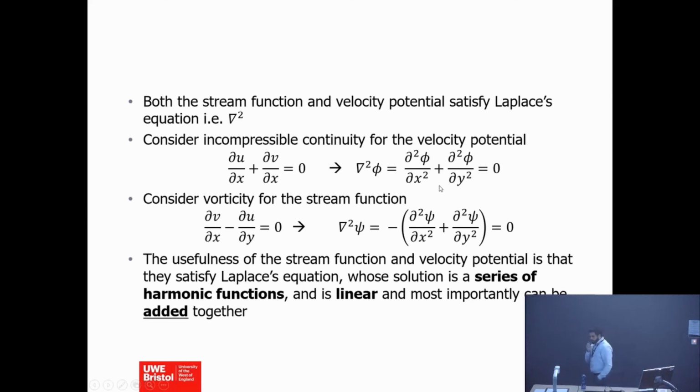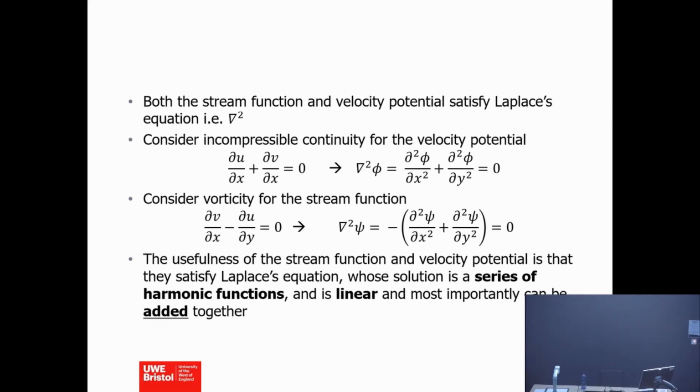What is so special about the Laplace equation? First of all, the Laplace equation allows you to add solutions. Remember I told you at the beginning, in the potential flow model, we can add solutions together to make a more complex solution. And this is mathematically because psi and phi satisfy the Laplace equation. Just think about it like harmonics. If you hear a noise coming from a guitar or something, if you're in Glastonbury sometime, then that noise you hear is actually a series of harmonics, not just one harmonic.